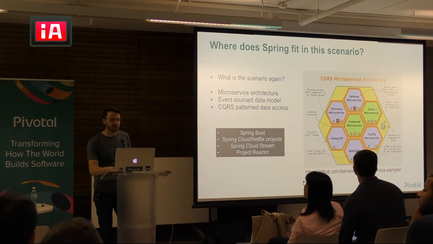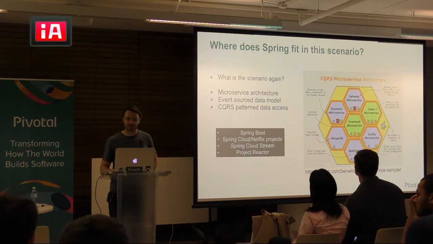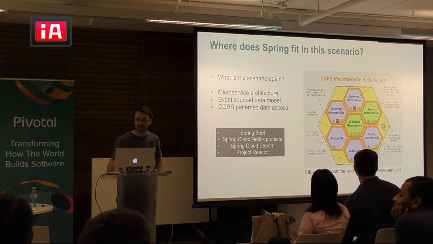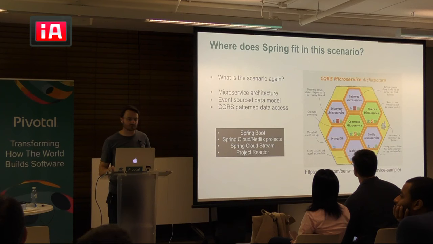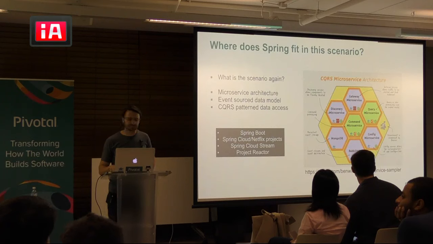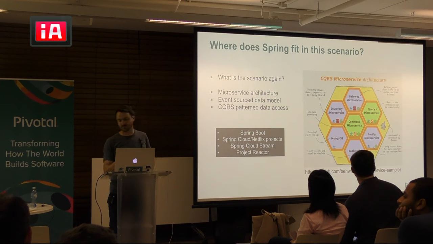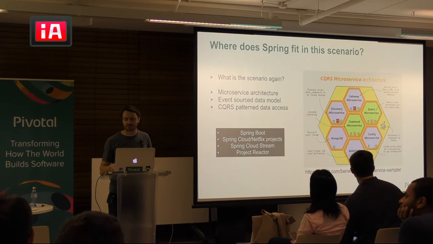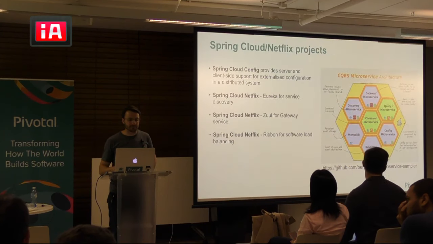So how do you go about implementing this in Spring? This is one of the examples, if you guys are interested, check it out. There is a GitHub project implementing this, from one of the Geode guys. It's all in the Spring stack, and it uses Netflix OSS and Spring Cloud. I think the focus here is microservices, and everything else is Netflix and some of the other products that we have.